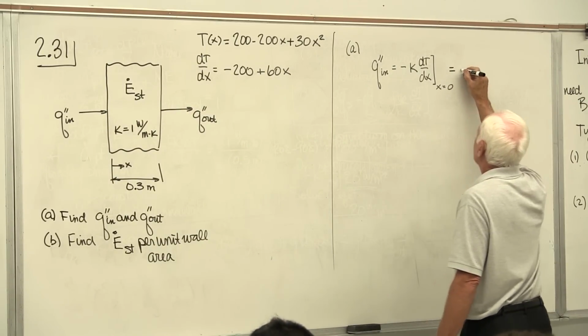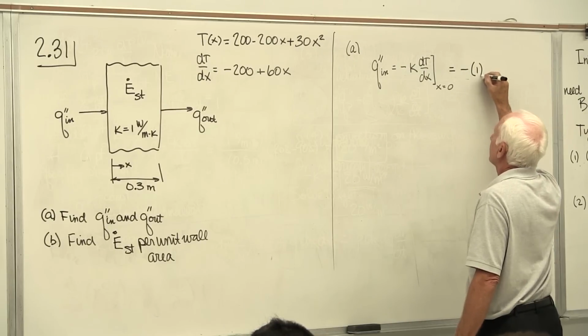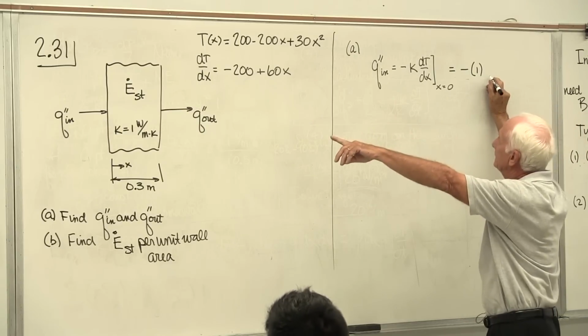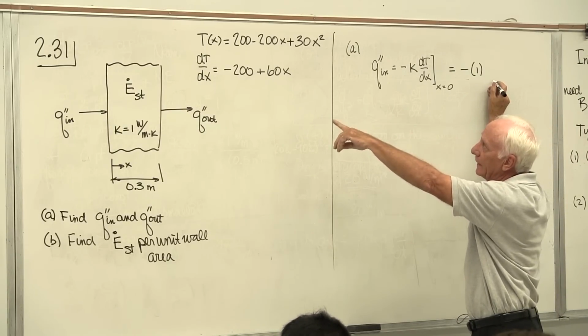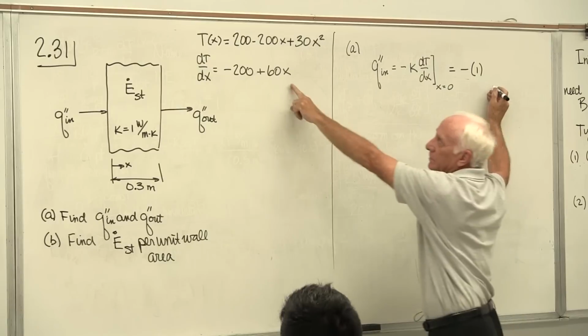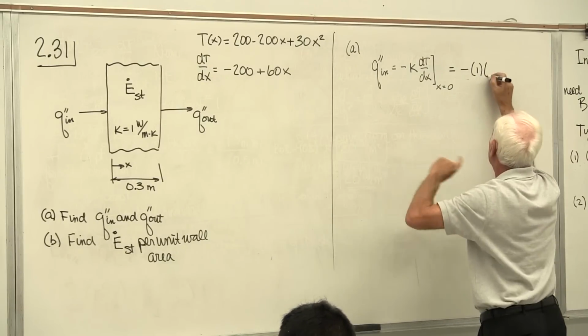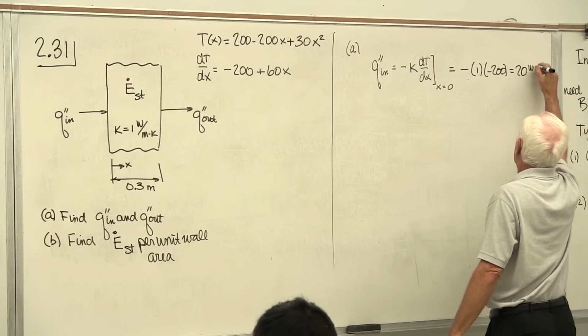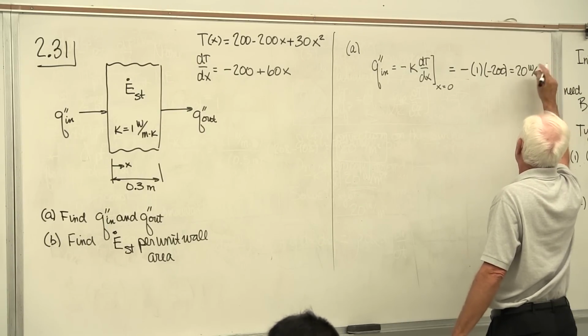K is 1. dT/dx at x equals 0 is minus 200, so that's 200 watts per square meter.